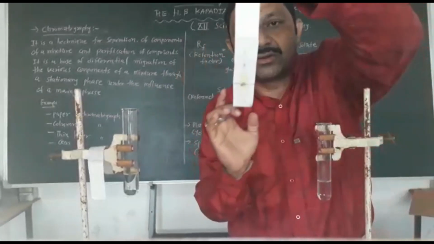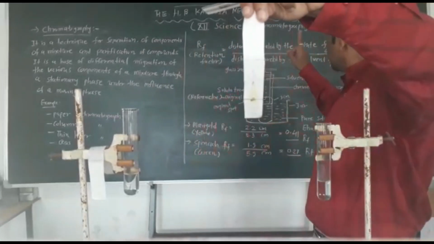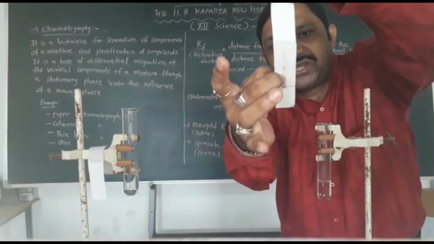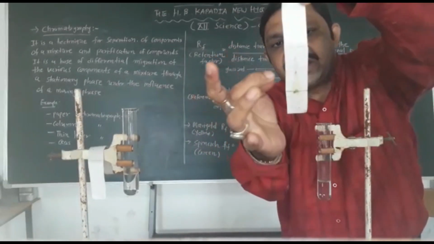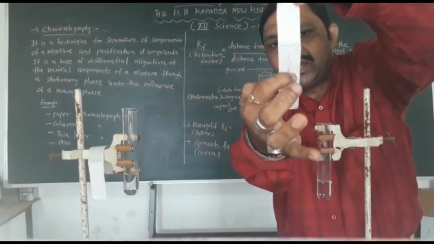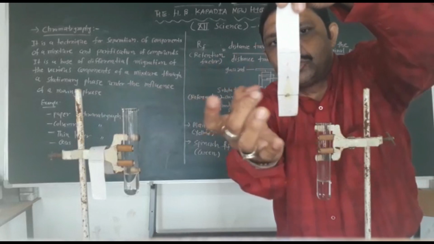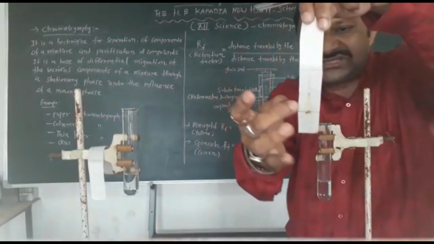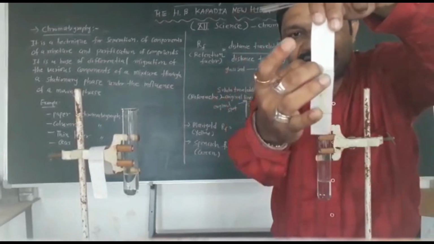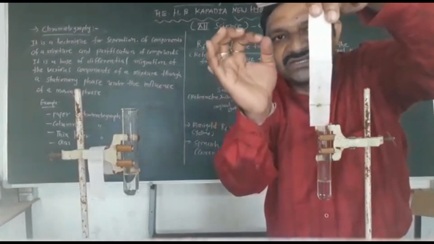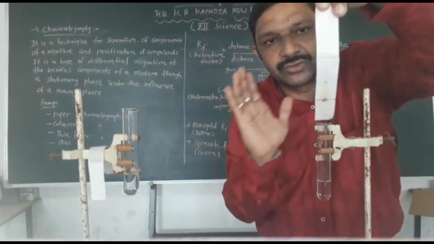Here is your yellow spot. So 5.3 centimeter solvent and 2.2 centimeter is for marigold solute.